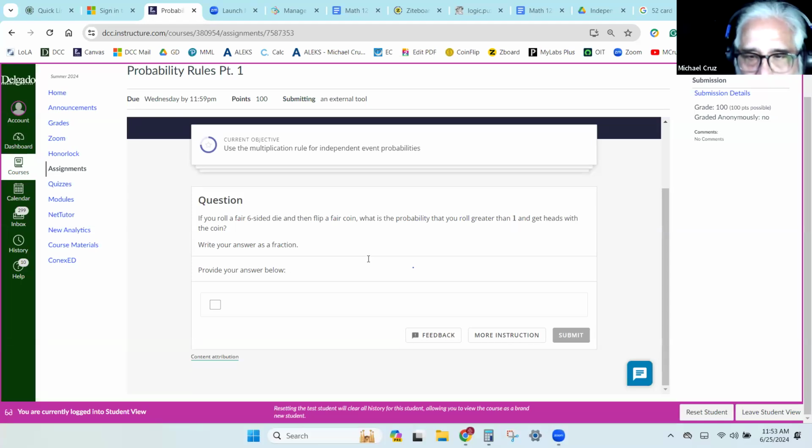If you roll a fair 6-sided die, then flip a coin, what is the probability that you roll a number greater than 1 and get a heads? All right, so let's just write those down. How many numbers are greater than 1 on that die? There's 5 of them, right?